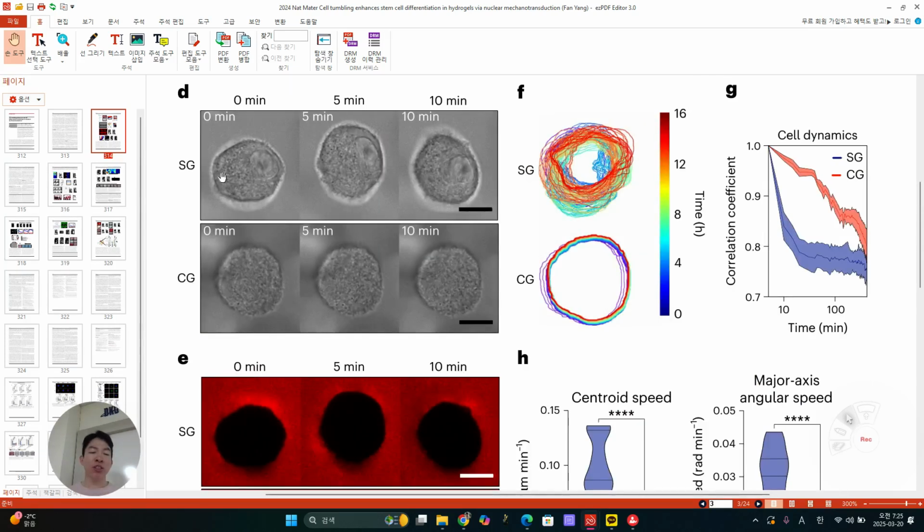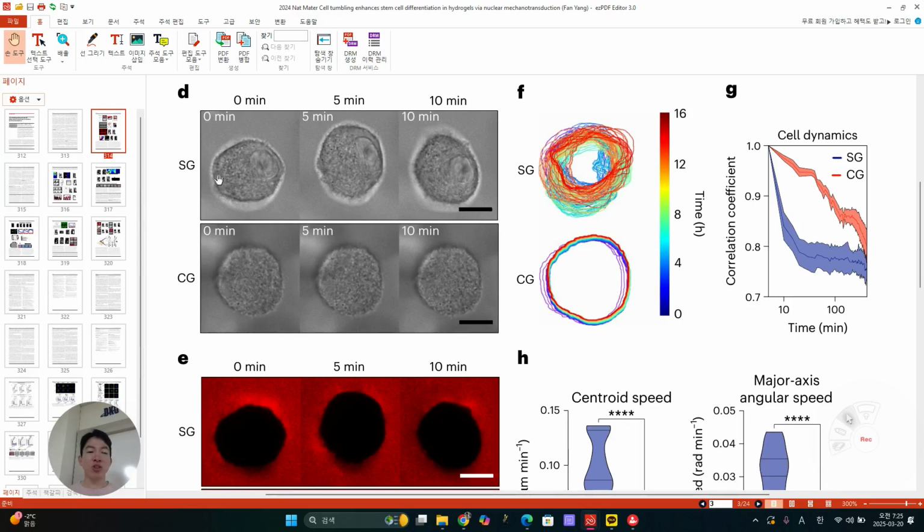What is the major? This is the major axis and minor axis, right? You can see how they move here. So this major axis rotates counterclockwise, right? And another counterclockwise here. But for this one, let's say this is the major axis, it is almost similar.